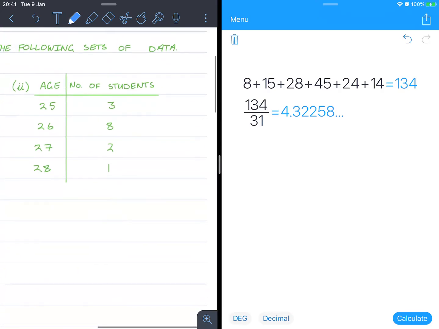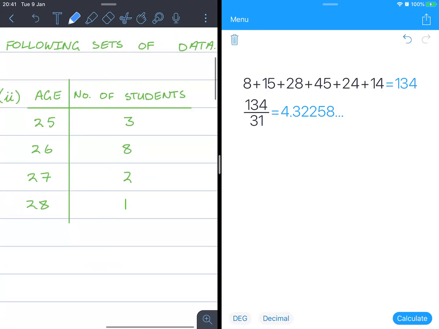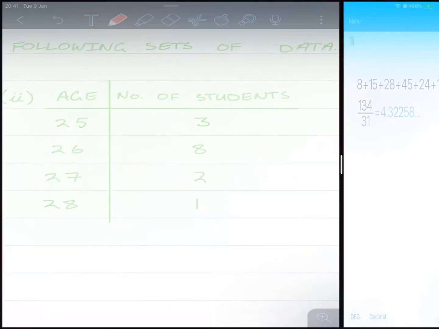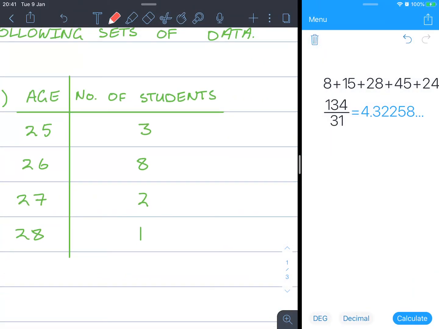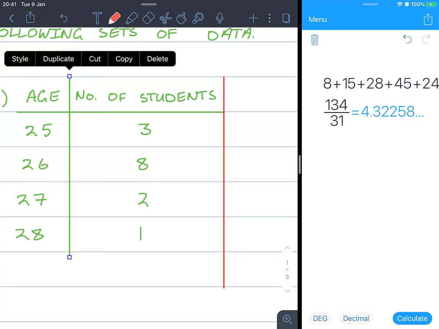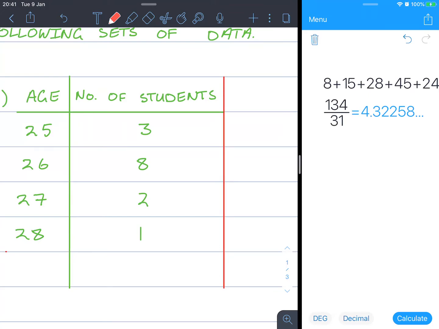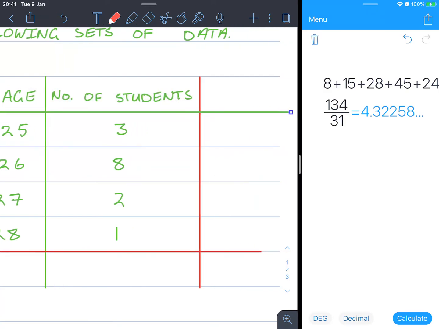Let's do another example. You can go ahead, try this yourselves, because I'm just going to continue answering these, and you can check the answers afterwards. Here we go. Let's extend our table.